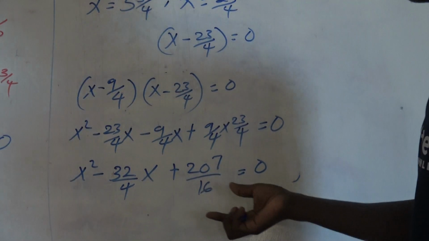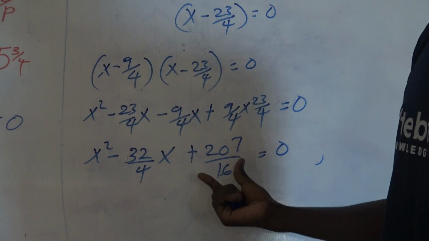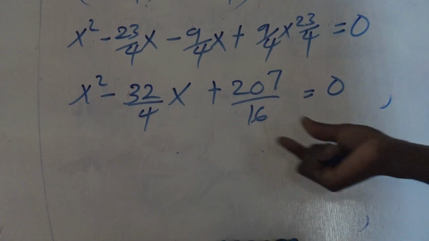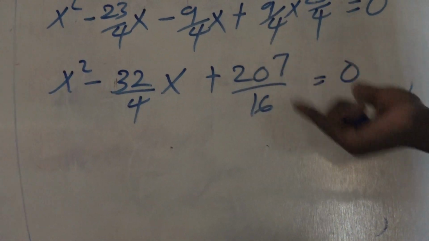Now we said don't leave your answer like this. We have to get the LCM first, then multiply all through by the LCM. For this case, the LCM between 16 and 4 is 16.